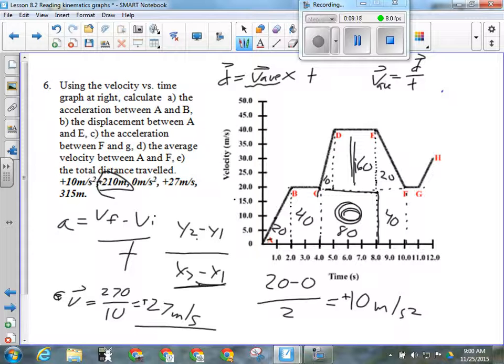All right, and then the total distance traveled to F. Do I have to find the last few shapes here? Yeah, and then I add them all up, and I don't make them positive or negative. I just add them all up for that one. So if we're looking at that, we would have 20 times 1 over 2, which would be 10. And then this is 10 high by 1 wide, so this is 5, and this is 20 high by 1 wide, so it's also 10.